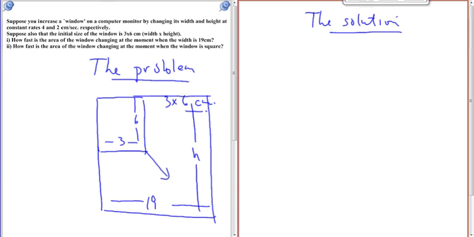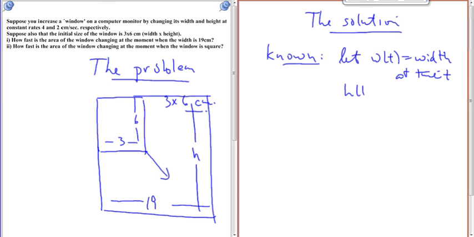Now, part of the solution of a related rates problem is to set up proper notation and identify the quantities whose rates are known and the quantities whose rates are unknown. So what about known? That's the height and the width, of course. So let W(t) equal the width at time t, and h(t) equal the height at time t.